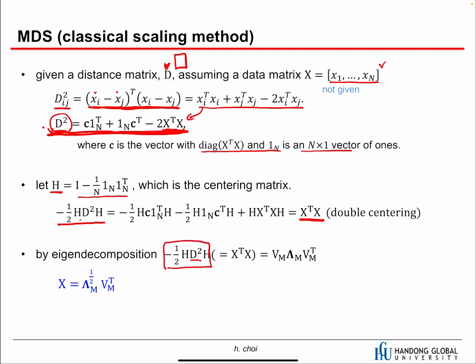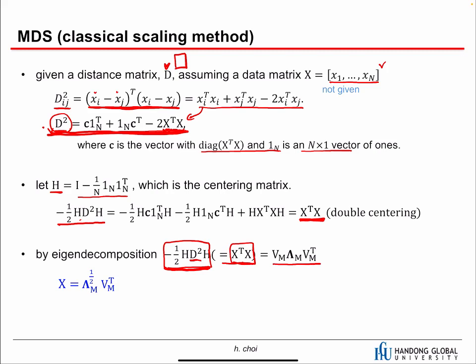Then we assume that this distance is a Euclidean distance between the data points, and then this one is actually X transpose X. Then we can apply eigendecomposition to this matrix like this. Look at here.